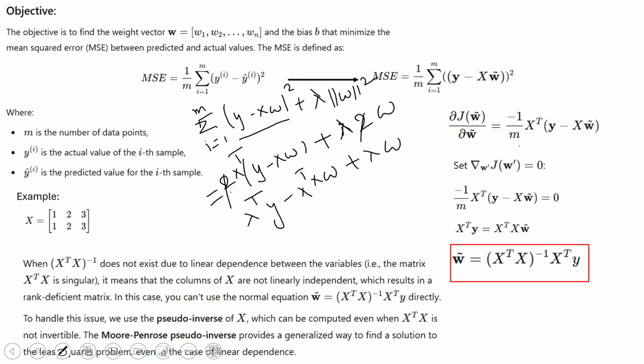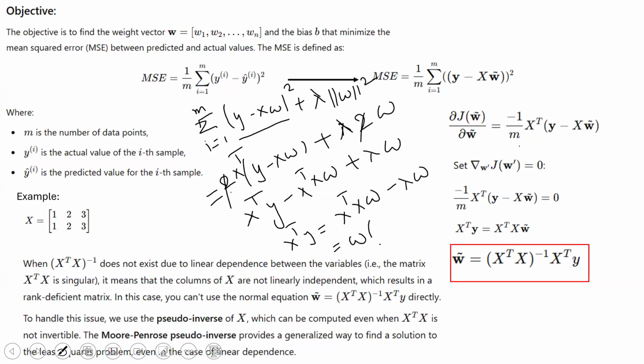Okay. So now if you take this to the other side, this is X transpose Y. Now this comes down to X transpose Y is equal to, taking these two terms to the other side, X transpose X w plus lambda w.